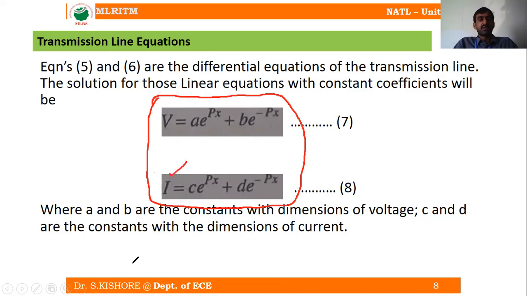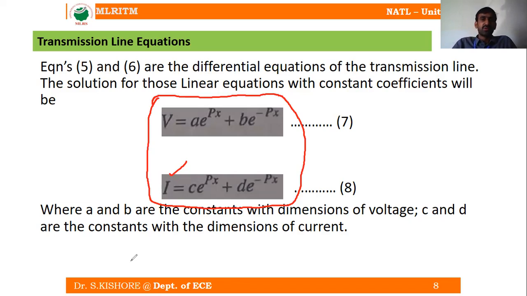Alternatively, we can express these equations in terms of hyperbolic functions. We know that e power px can be written as cos h px plus sin h px, and e power minus px can be written as cos h px minus sin h px.